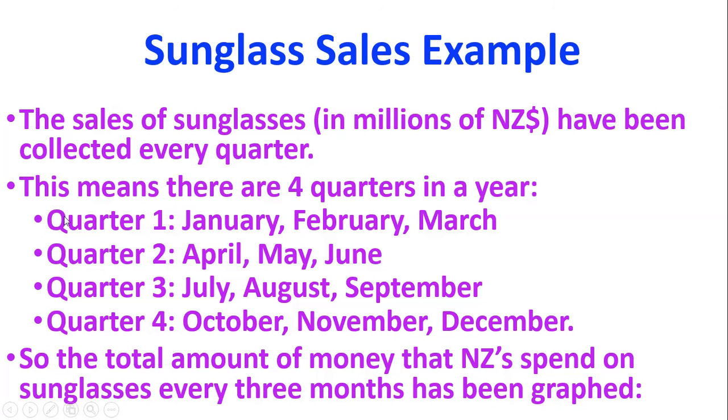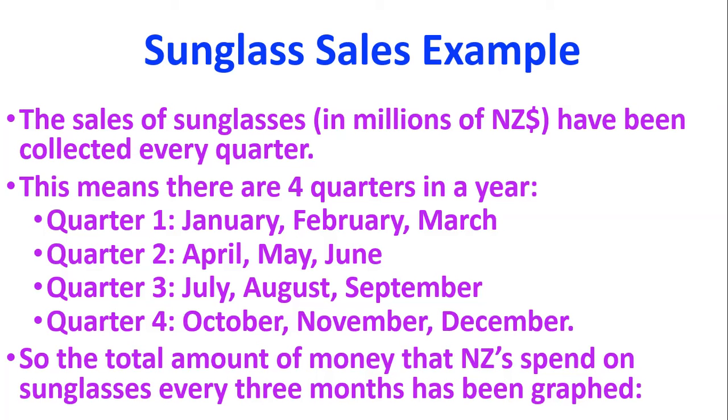Quarter 1 refers to the months of January, February, and March. Quarter 2 is the months of April, May, and June. Quarter 3, the months of July, August, September, and quarter 4, the months of October, November, December. So that means each data value represents the total amount of money that New Zealanders spend on sunglasses per quarter.